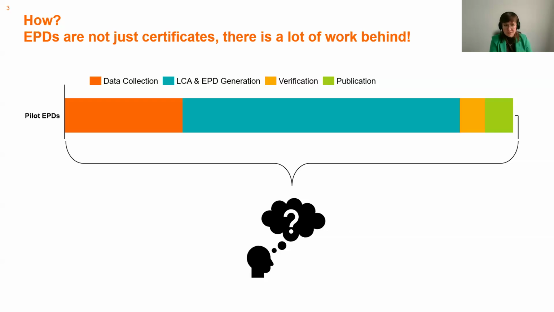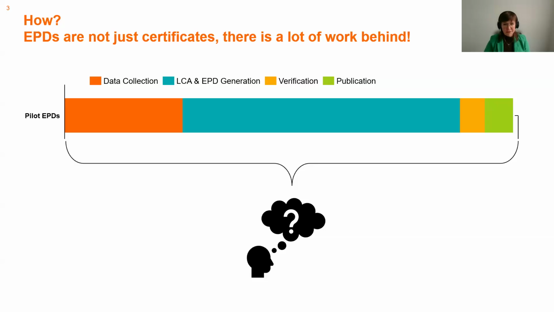First, after defining, of course, the program operator and selecting some rules and the software solution, we started with the data collection, then ran and modeled the LCA, generated the EPD itself, and then went through all the verification and publication processes.